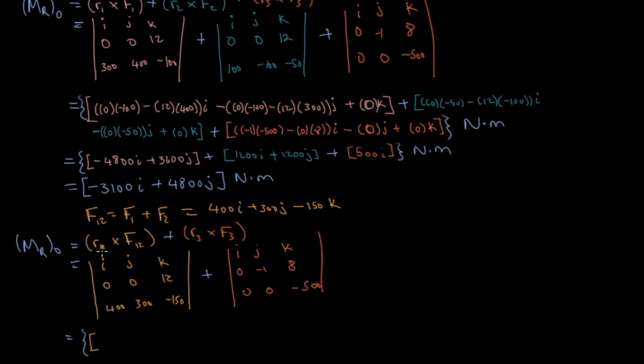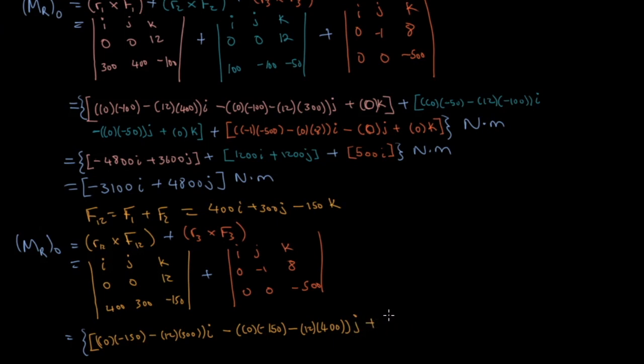For the i term here, we would cross out this term and this term, and then we go 0 times negative 150 minus 12 times 300, i. And then we'll go minus 0 times negative 150 minus 12 times 400, j.